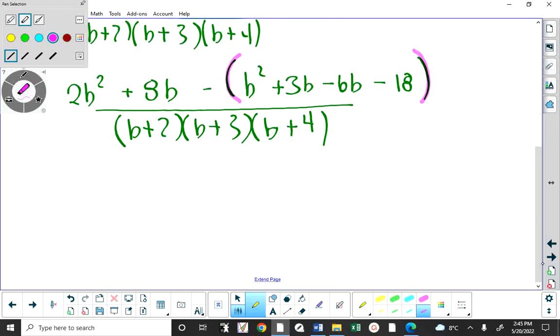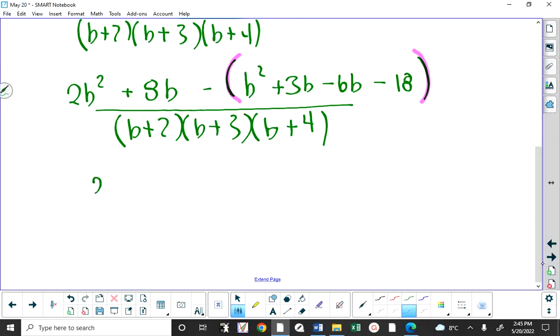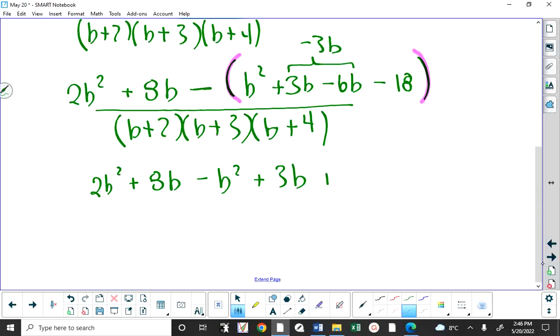Okay, let's continue. Now I have 2b squared plus 8b. I have minus b squared. This is negative 3b, and I'm subtracting negative 3b, so that gives me positive 3b. And then I'm also subtracting negative 18, which gives me 18, over our denominator.